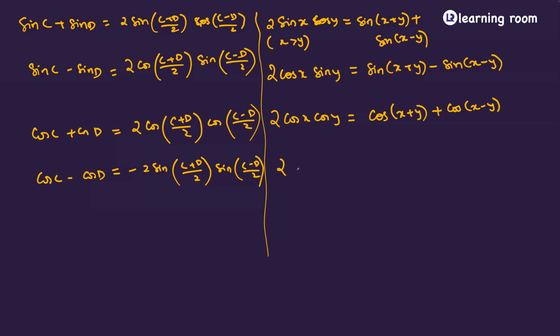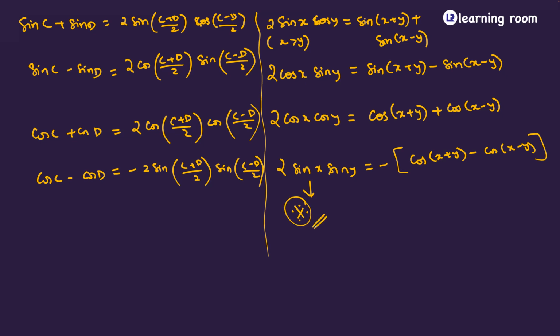Similarly, if I have 2 sine x into sine y, this is obtained by minus of cos of x plus y minus cos of x minus y. Sine into sine is obtained by doing cos minus cos. So I push this minus sign to the left hand side. So this is one important thing I want you all to remember clearly. Don't worry, when I solve the problems, you'll understand.